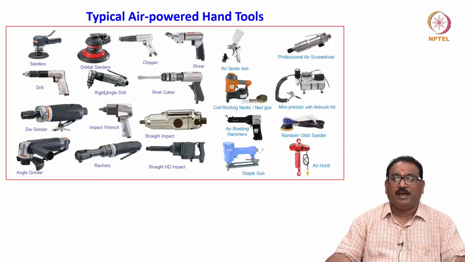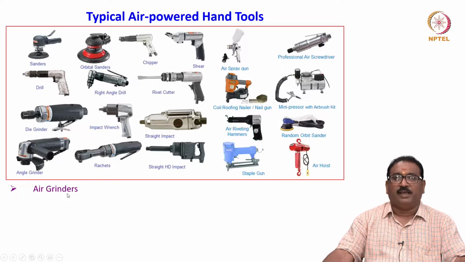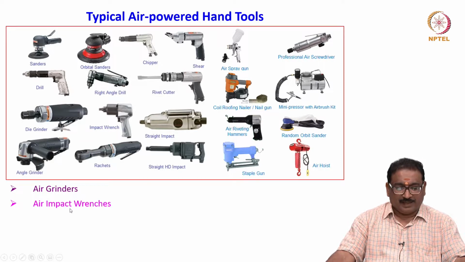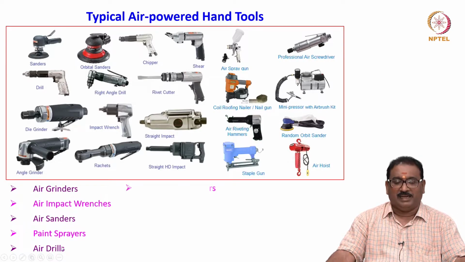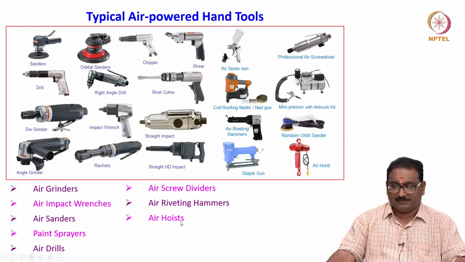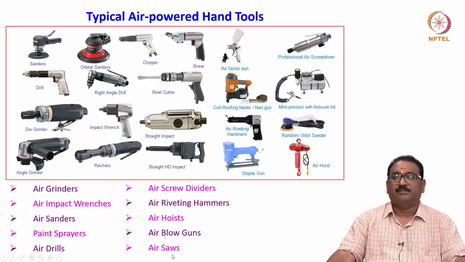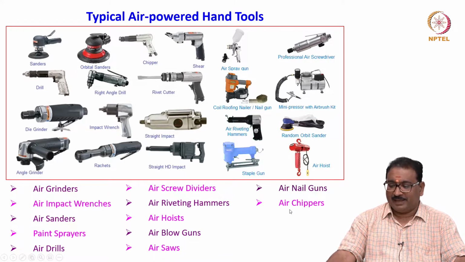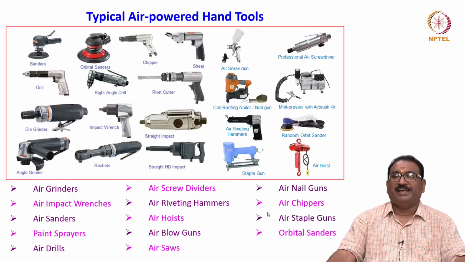Some of them, I am listing here, are the air grinders, air impact wrenches, air sanders, paint sprayers, air drills, air screwdrivers, air riveting hammers, air hoists, air blow guns, air saws, air nail guns, air chippers, air staple guns, orbital sanders, jackhammers.